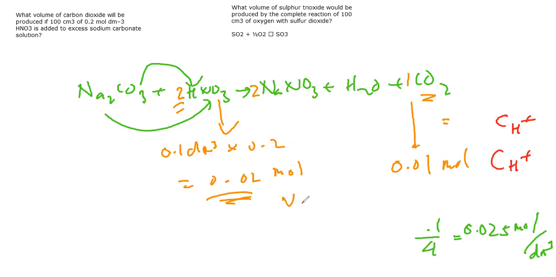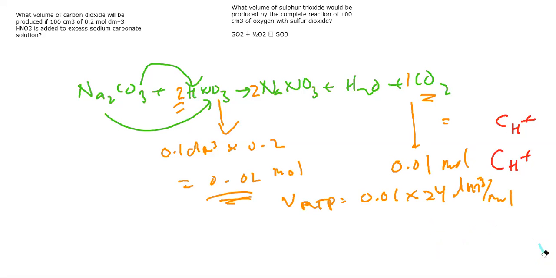Now, volume at RTP. You just multiply the mole with the volume per mole, so dm³ per mole, which is 24.